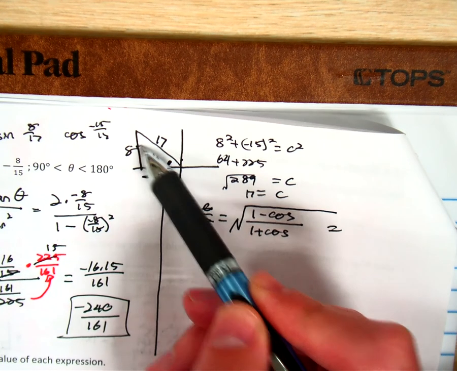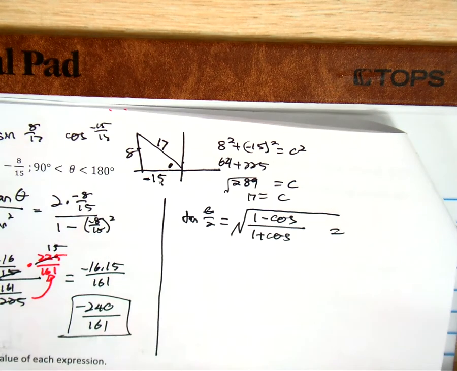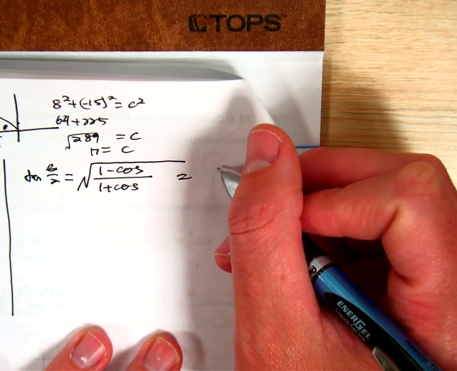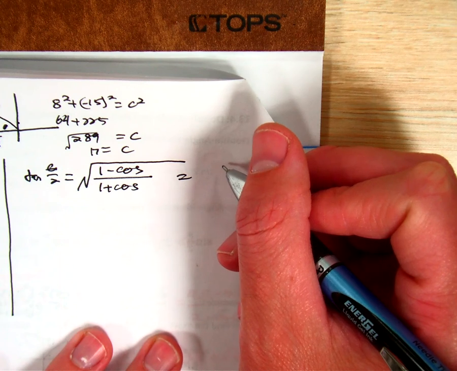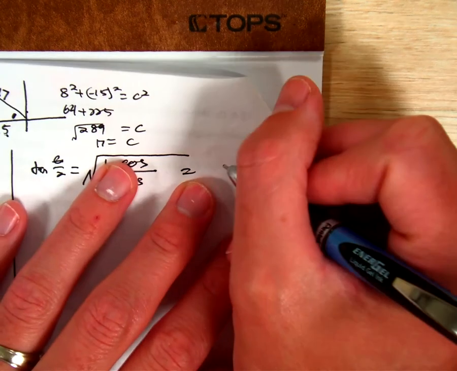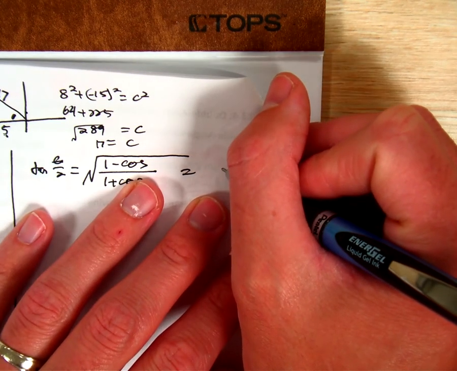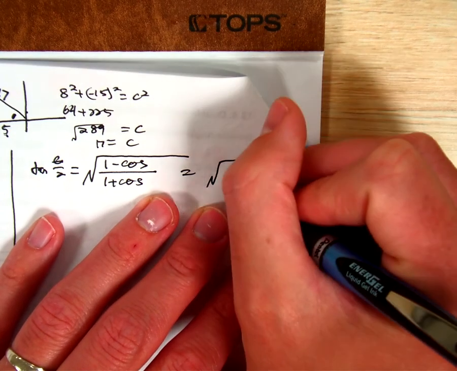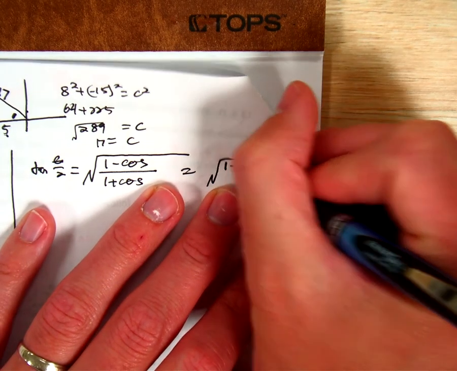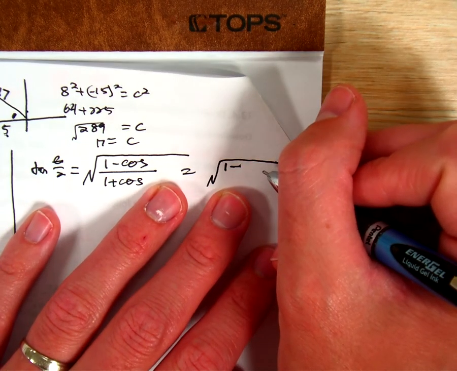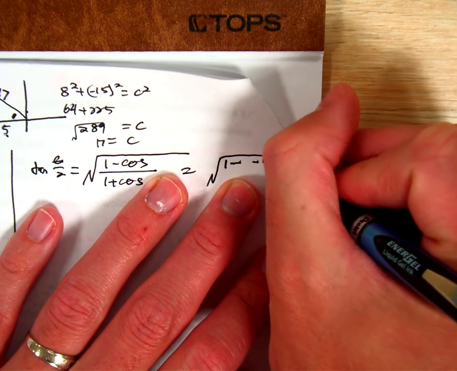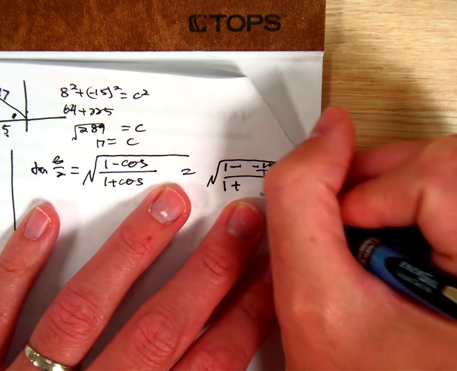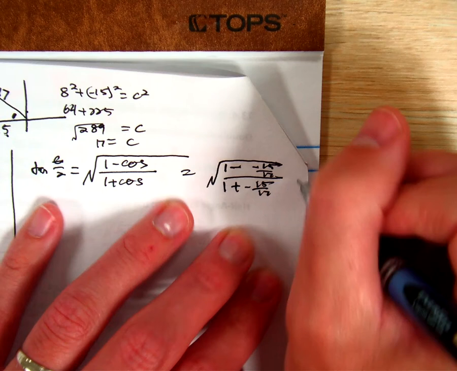So we have 1 minus negative 15 over 17 over 1 plus negative 15 over 17.